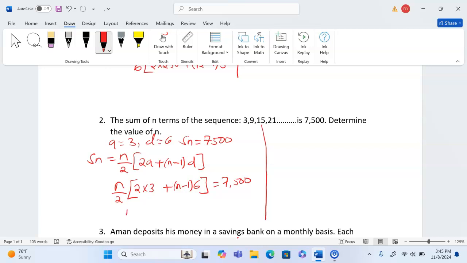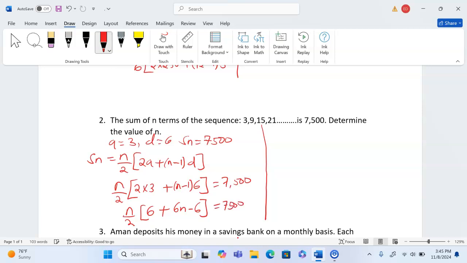From there we move down. We are going to have n divided by 2 times 6 plus 6 times n, you get 6n, and minus 1 times 6, you get minus 6. And this one gives us 7,500.